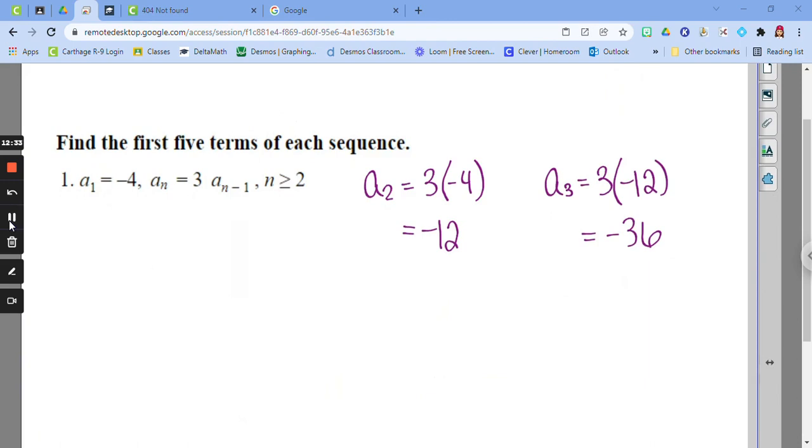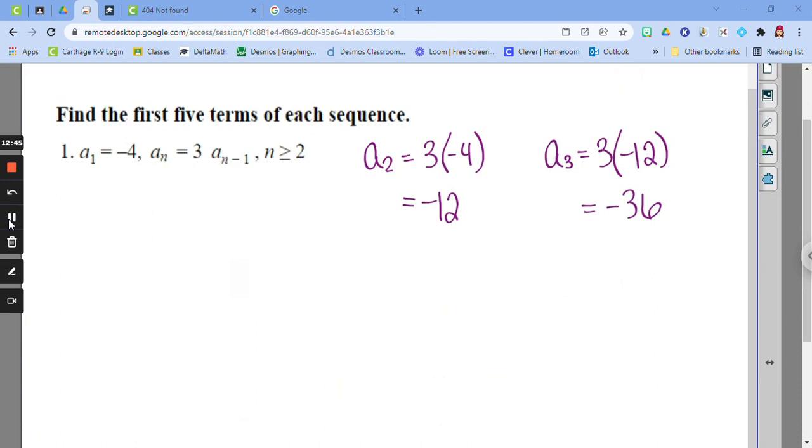So again, these are sequences with recursive notation. Here's what we have now. What's next? And that's what allows us to get. All right. So the fourth term, 3 times the previous term, would be a negative 108.